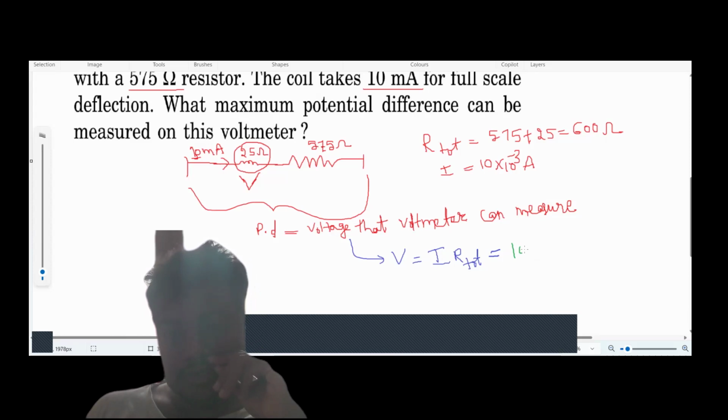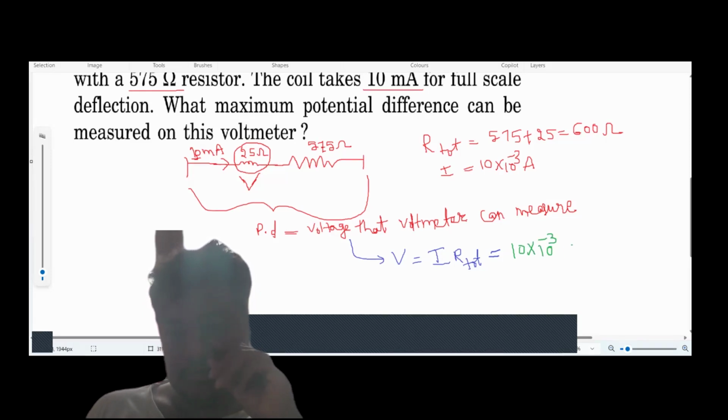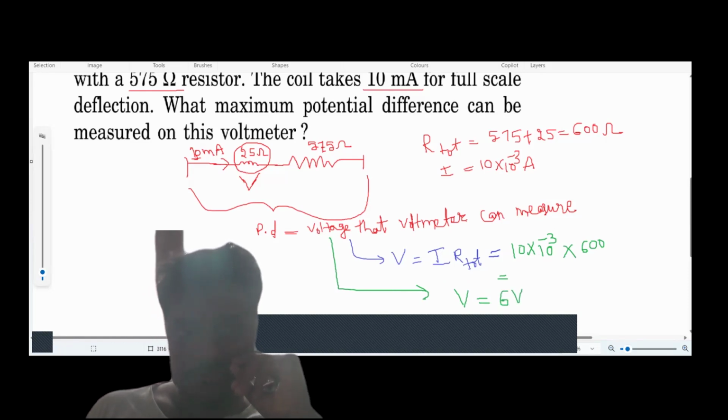The current is 10 into 10 power minus 3, R total is 600. So ultimately, the voltage that the voltmeter can measure is V equal to 6 volt. You can keep this in a box.